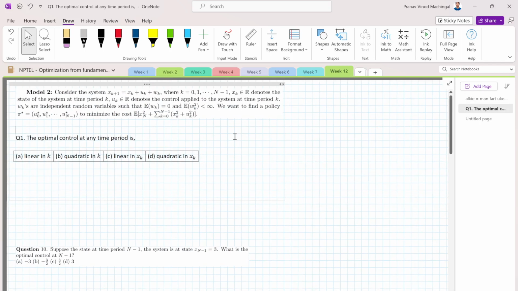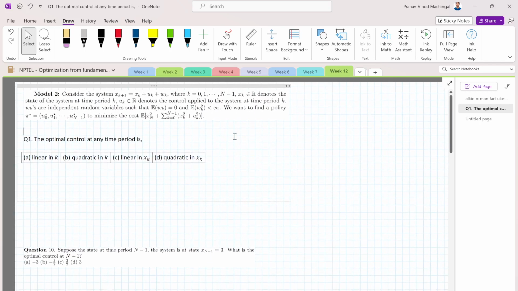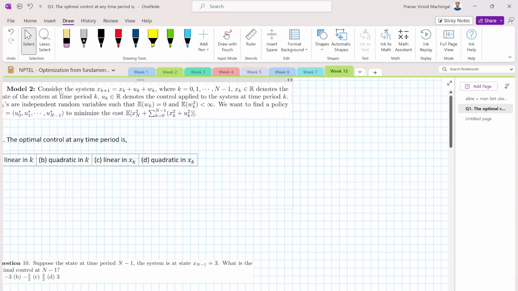Let's look at this question where you have a different model. You have the system xk+1 equal to xk plus uk plus wk. So this is how the system is evolving.